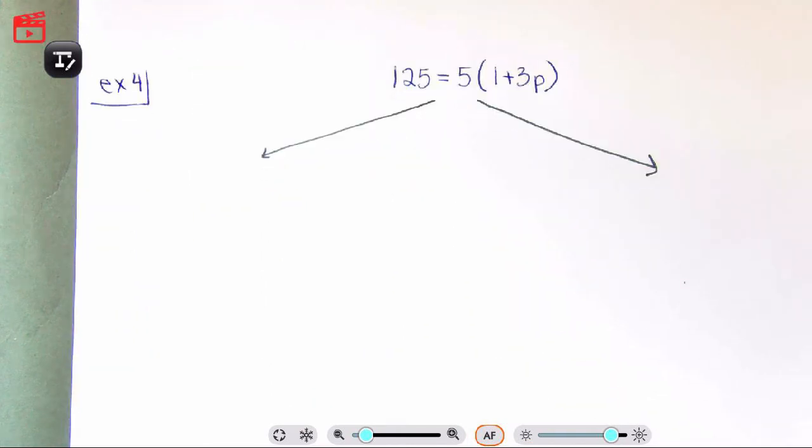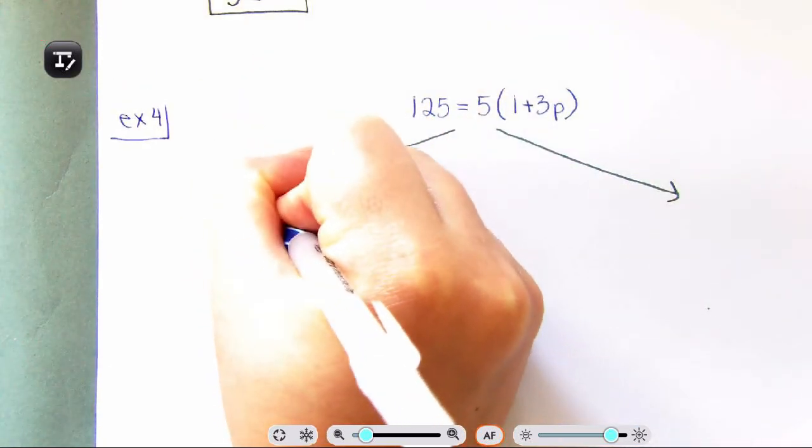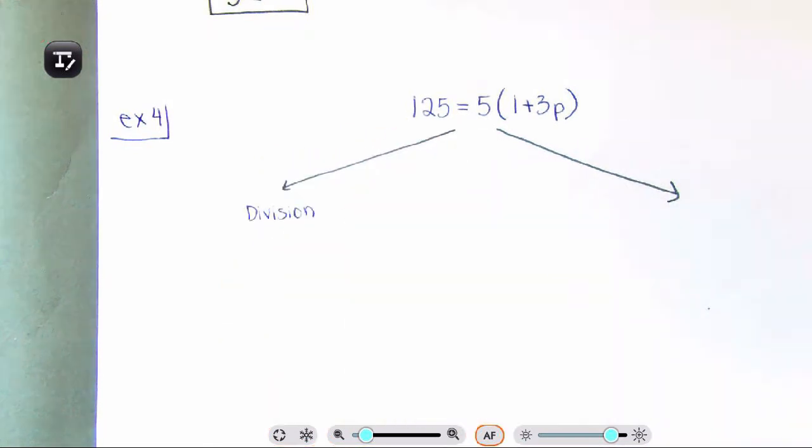Okay, here's our example. 125 is equal to 5 parenthesis 1 plus 3p parenthesis. So the first way I'm going to show you is with division. This is kind of where step number 4 fails with division, okay?